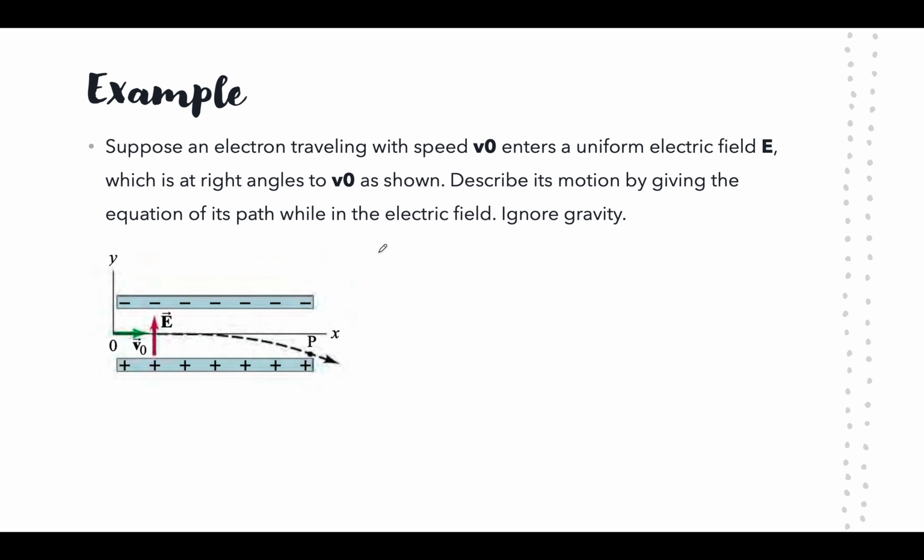Now the force felt by the electron is going to be equal to eE, which is also going to be equal to ma. So here we can find the vertical acceleration of the electron, ay. And we already know that since the only force is vertical, ax is equal to 0.